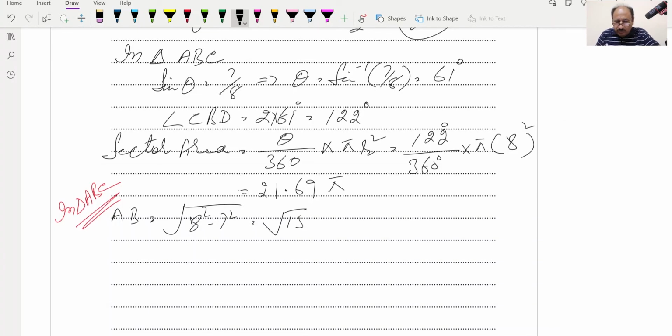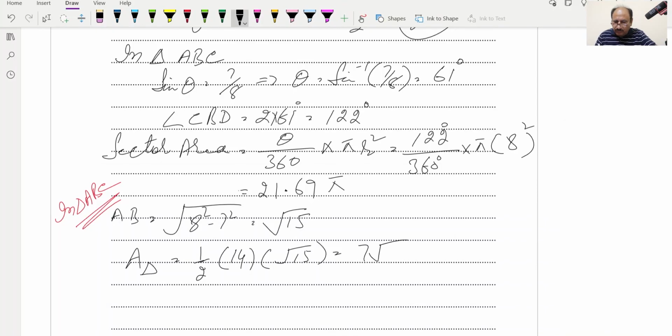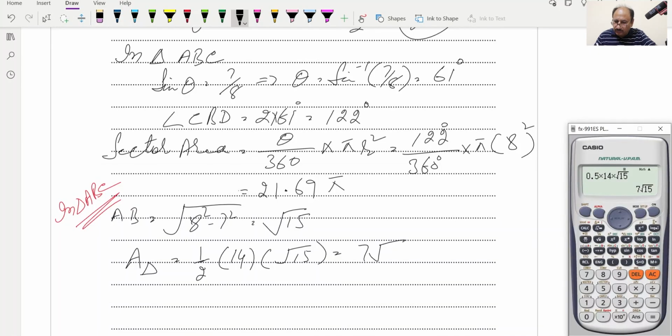So the area of the triangle will be half into base into height. The base is 14, because 7 plus 7 is 14, and the height is root 15. With a calculator, 0.5 times 14 times the square root of 15 is equal to 7 root 15.